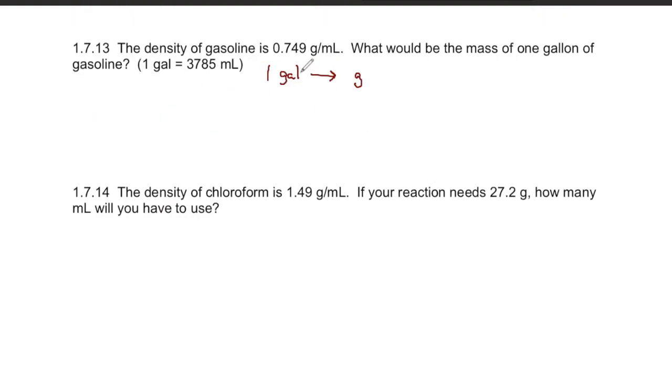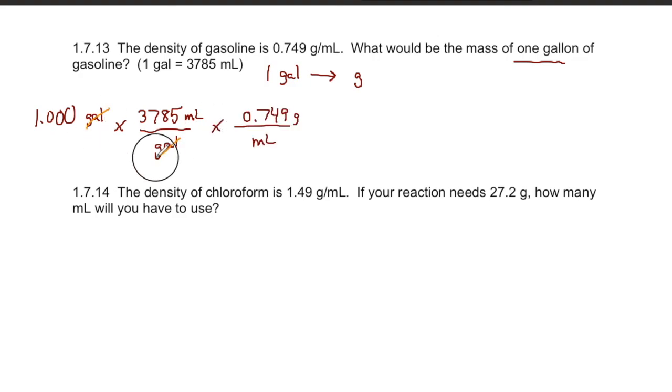So for this one, we want to start with a gallon and convert it to a mass, so grams. So for the 1 gallon of gas, we are not really specifying the significant digits to start with, but this relationship has 4. So I would just assume that we have 4 significant digits so that we have the milliliters in 4 significant digits.